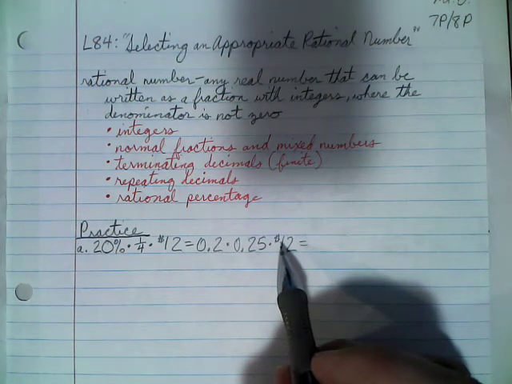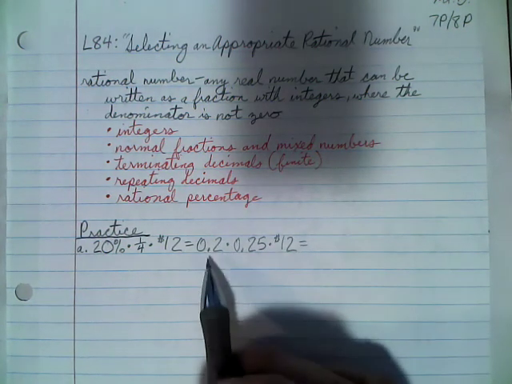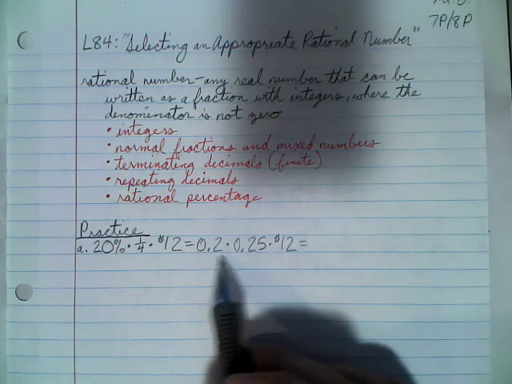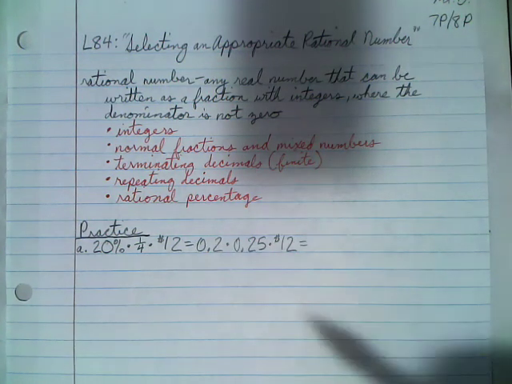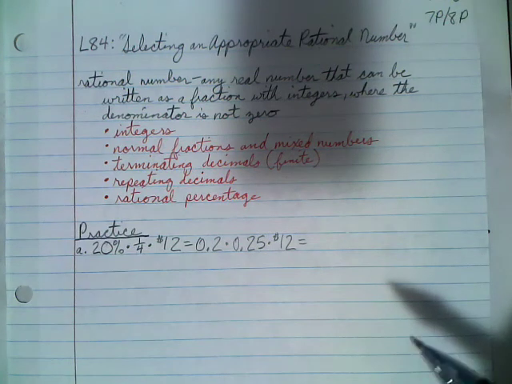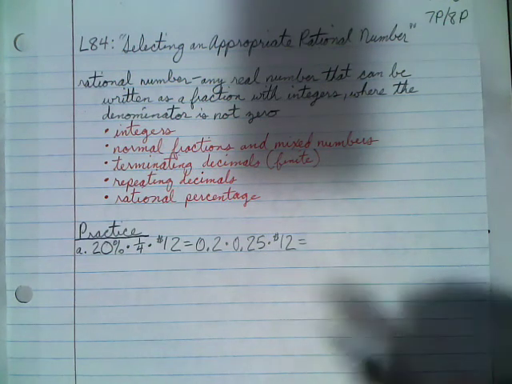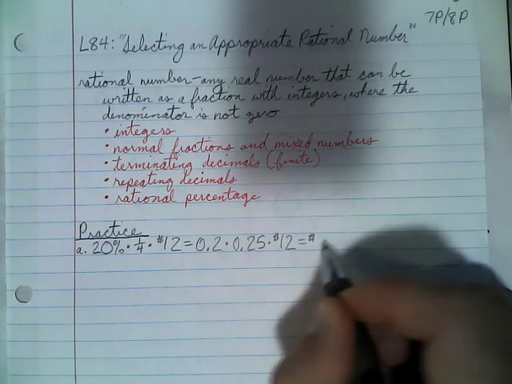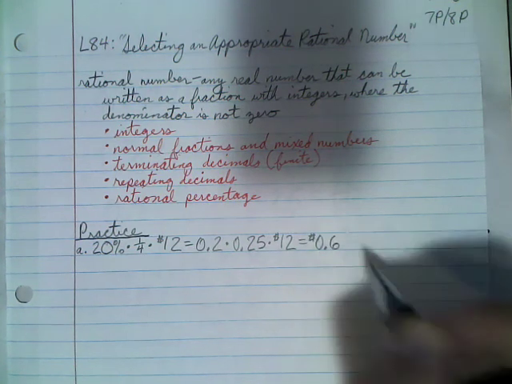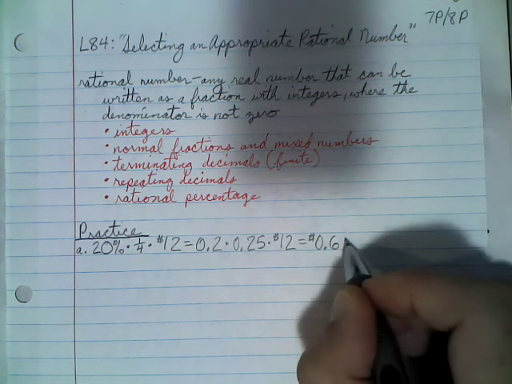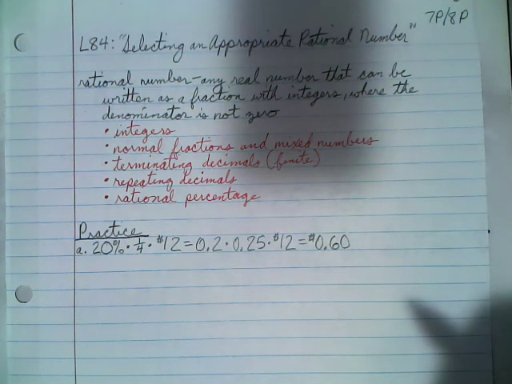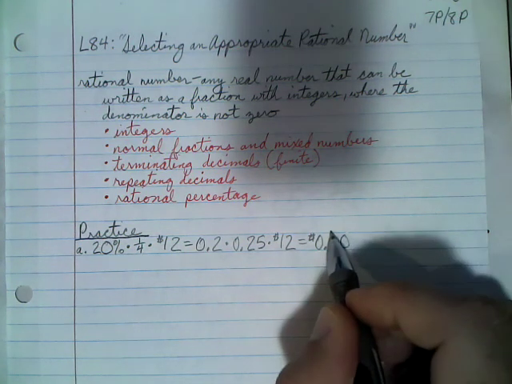So 50 times 12 would be 600. But then we'd have 3 decimal places on my 600. With 3 decimal places on my 600, that's going to put the decimal right in front of the 6. Remember, this is money, so if the decimal is right in front of the 6, we actually will need one of those zeros. So my final answer there is 60 cents.